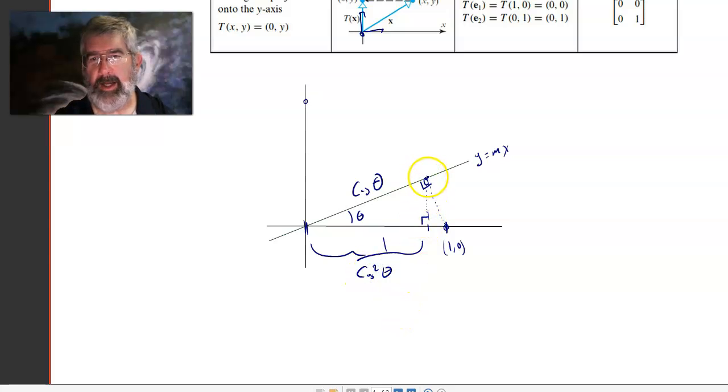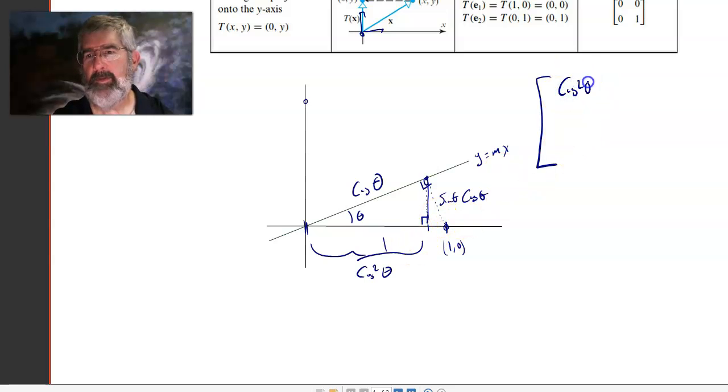Likewise, that vertical side is the hypotenuse times the sine of the angle, so this would be sine theta cosine theta. And so the first column of the matrix is cosine squared theta, sine theta cosine theta.